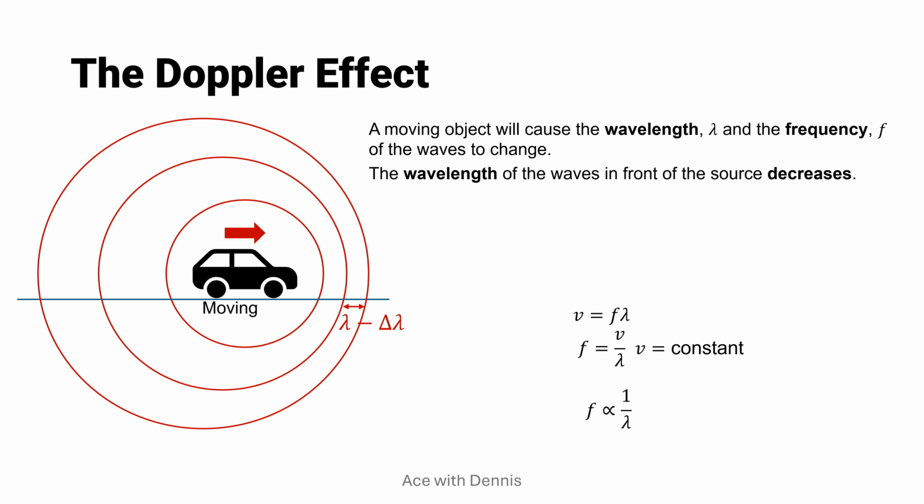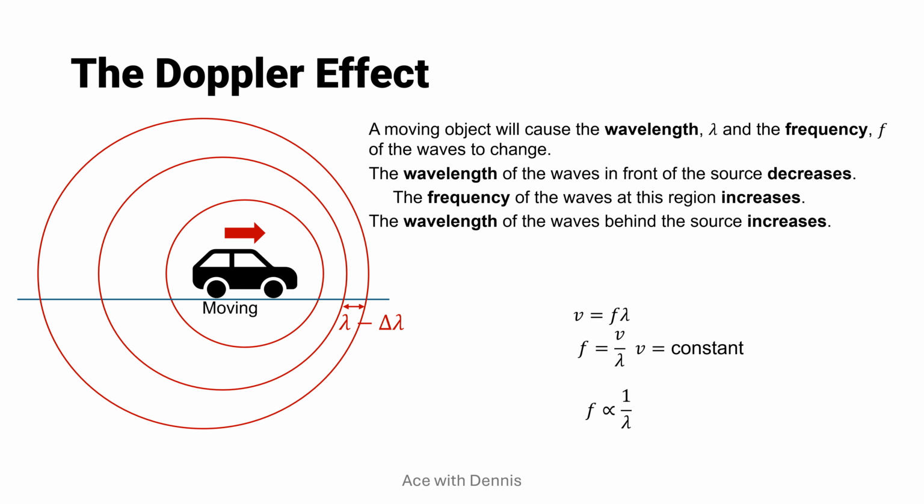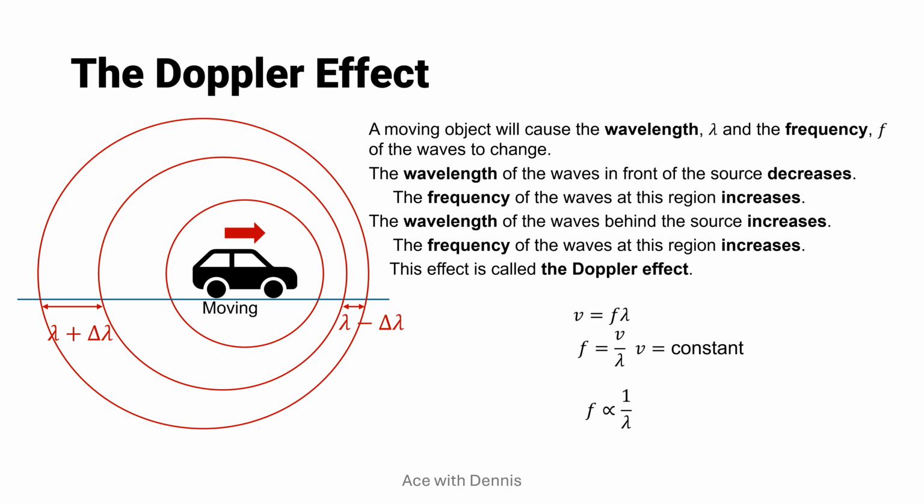The wavelength of the waves in front of the source decreases. The frequency of the waves at this region increases. The wavelength behind the source increases. The frequency of the waves at this region decreases. This effect is called the Doppler effect.